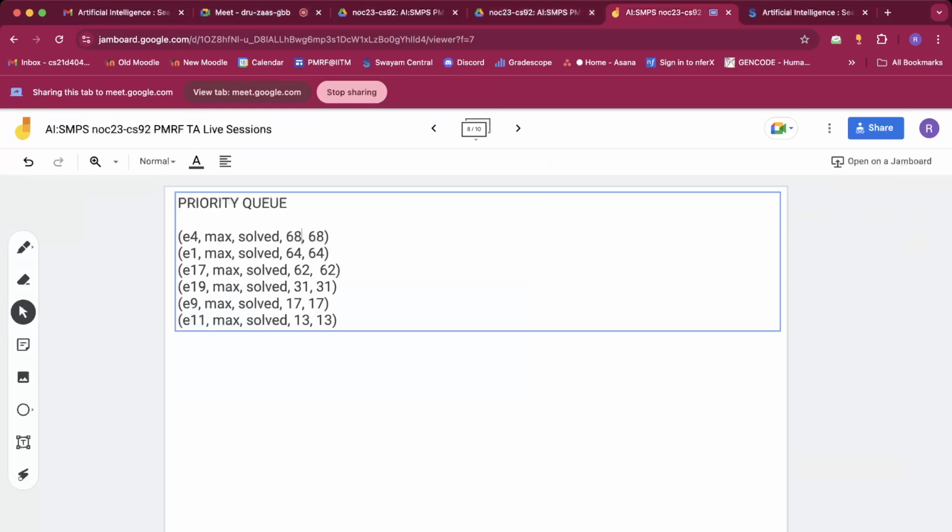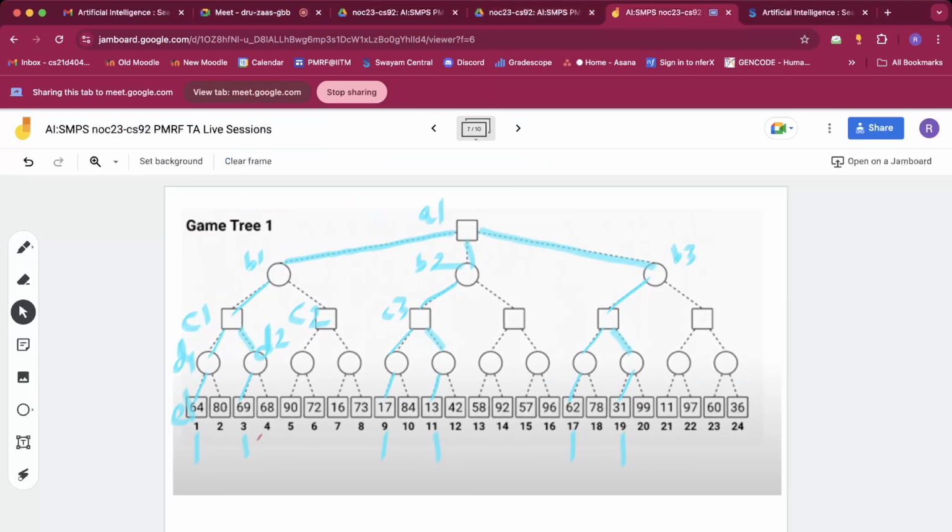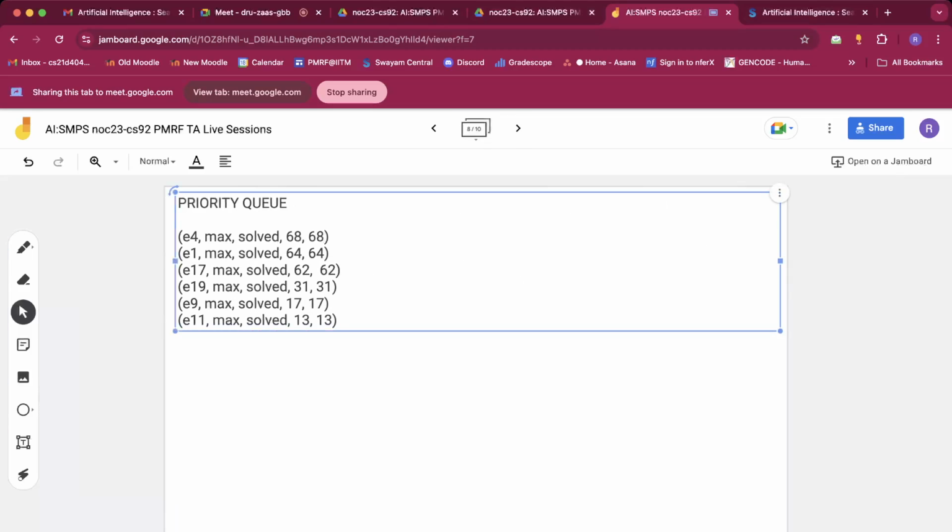Let's revisit our game tree. E4 has been solved and there are no further siblings of E4, so we can say that its parent node D2 has also been solved. Let's reflect that, so let's replace this with D2, which is a min node.